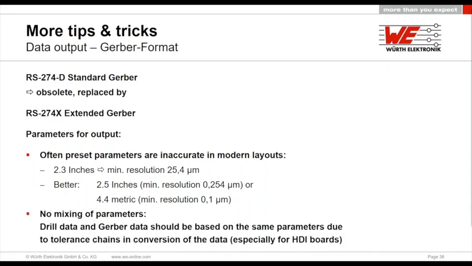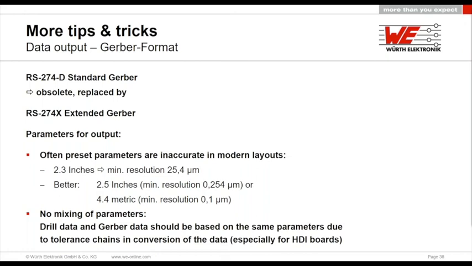When we get your data, we need to put it into our system, and so there are different conversions in data going on, and the higher the resolution, the more it can happen, especially when you mix the parameters. For example, your drill data is in inches and your layout data is in metric parameters. Our tool needs to convert this.